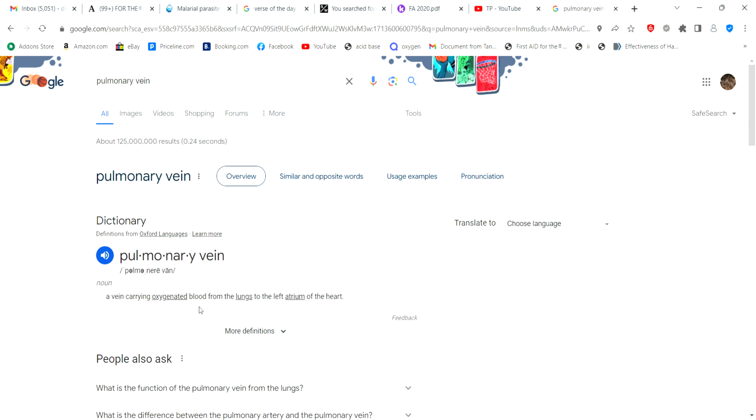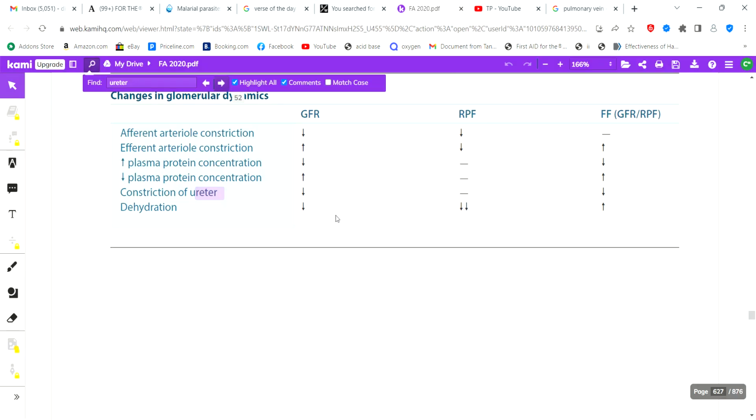And the pulmonary vein goes from the lungs to the left atrium of your heart. Okay. So angiotensin 2 is higher in the pulmonary vein than the pulmonary artery because there's more pressure on the left side of your heart.